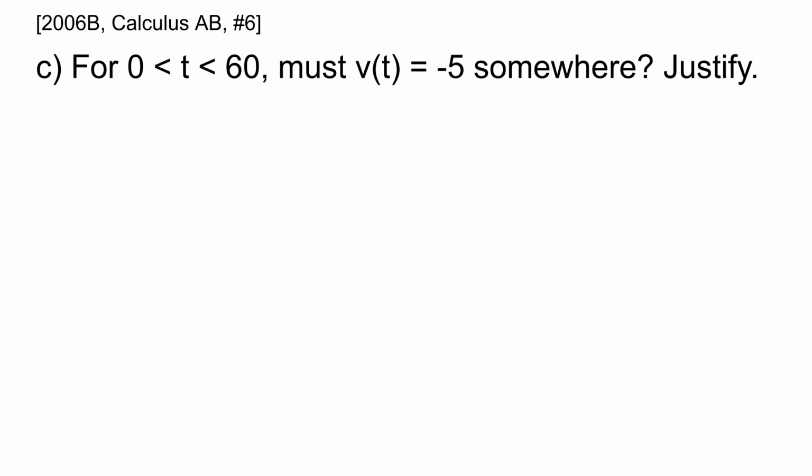In part C of this question, we are considering the interval from 0 to 60, and we are asked, must v of t equal negative 5 somewhere on that interval, and to provide a justification for our answer. It's important to note that we are given v of t is a continuous function.